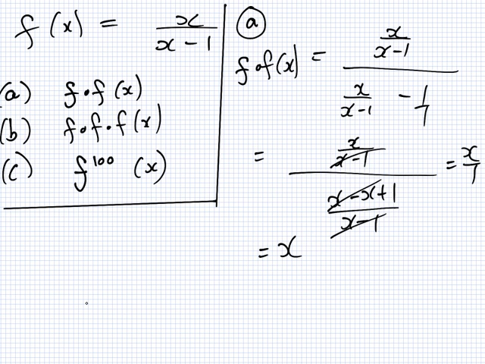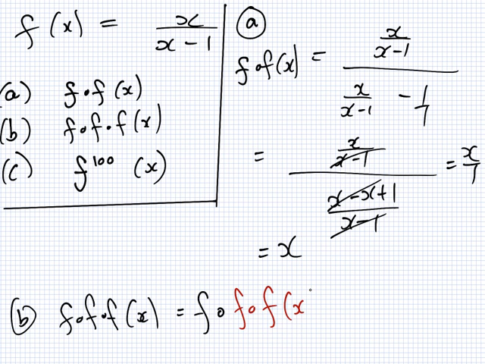Yes? Now, let's look at B. F compose f of x. That's equal to f of, and I'll put it in red here, f composed f of x. But we actually know what the answer is. It's just x.